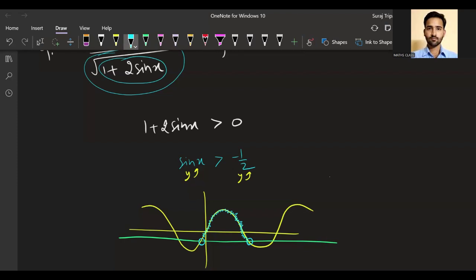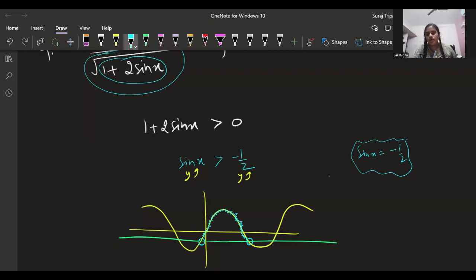So on these curve, what are the values of x? When sin x is equal to minus half, what is the value of x? When it is equal to half, sin pi by 6. This one is minus pi by 6.